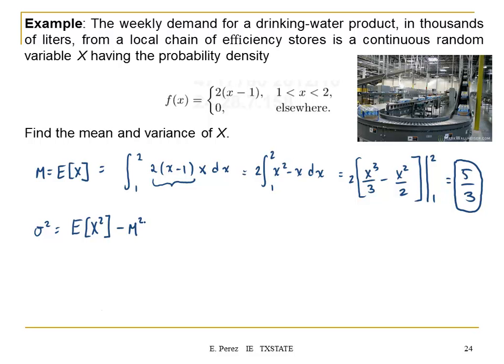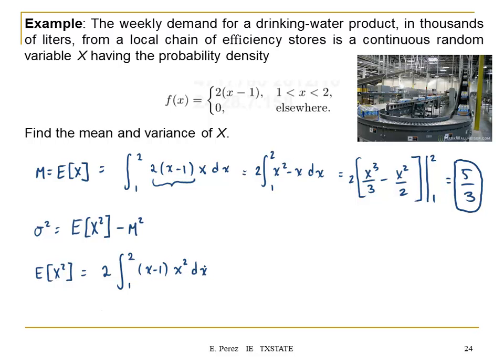As I mentioned earlier, E of x squared will be equal to 2 times the integral from 1 to 2 of (x minus 1) times x squared dx.